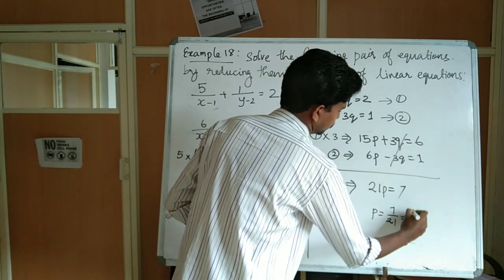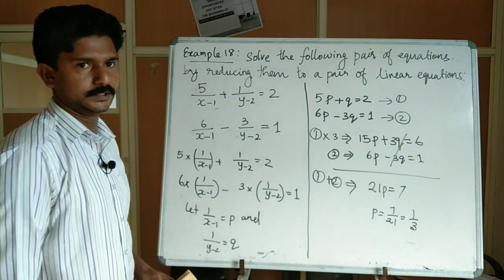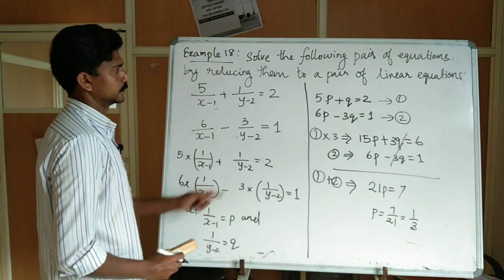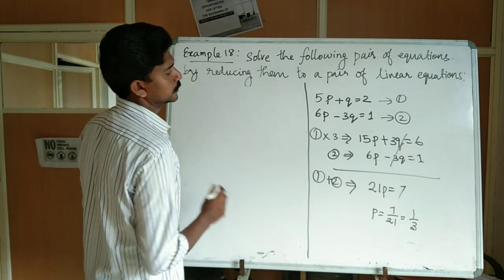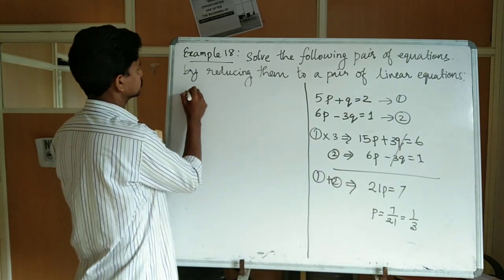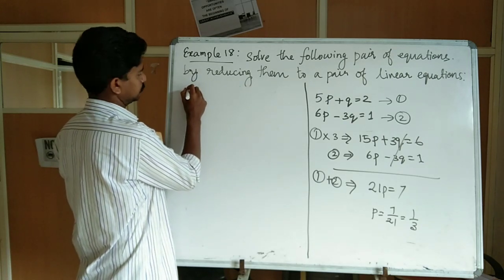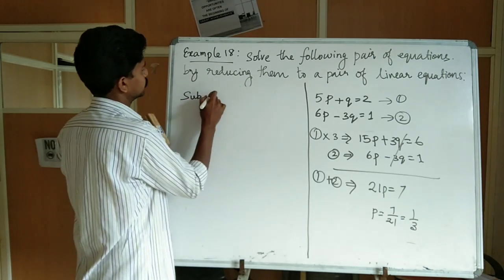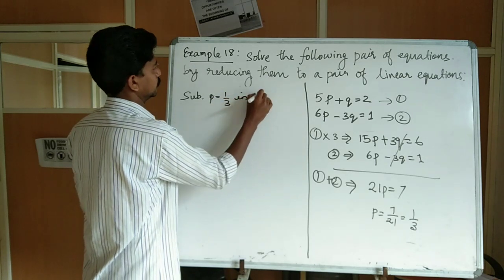We can simplify it: the p value is 1 by 3. That one we can substitute in equation 1 or 2. So we substitute p is equal to 1 by 3 in equation 1.